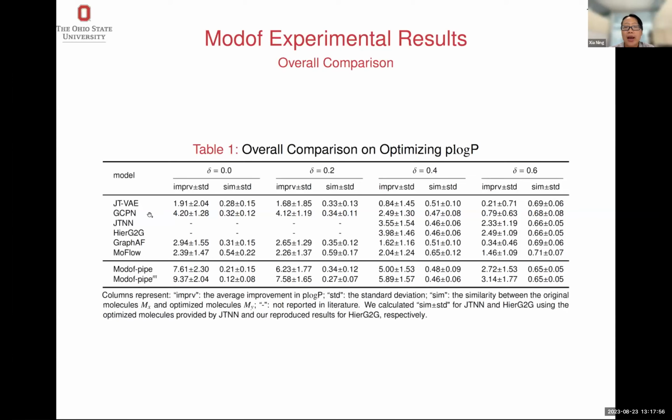Another type of method is reinforcement learning. For example, GCPN is a graph convolution policy network. The idea is to add atoms one by one until you are done. And of course, there is a reward function to measure the properties of the final product. Another type of method is flow-based.